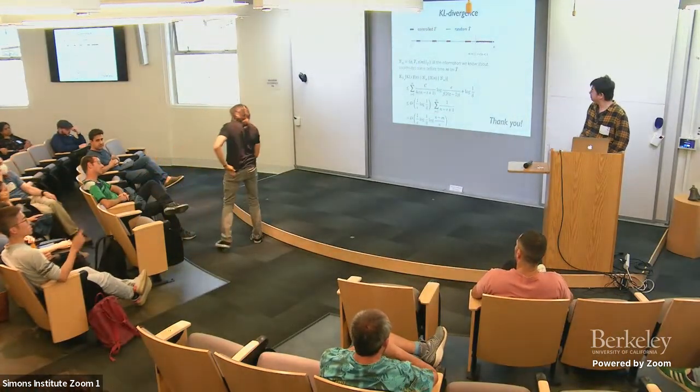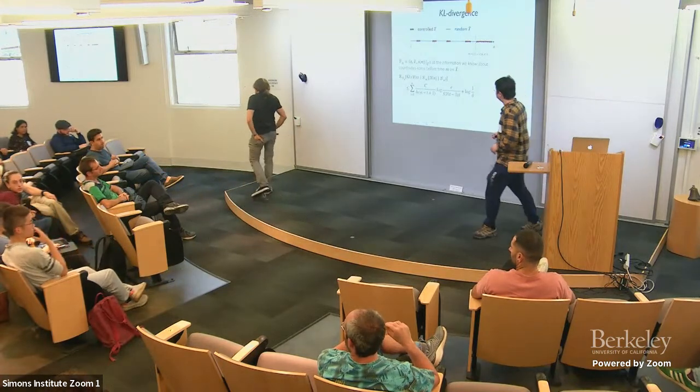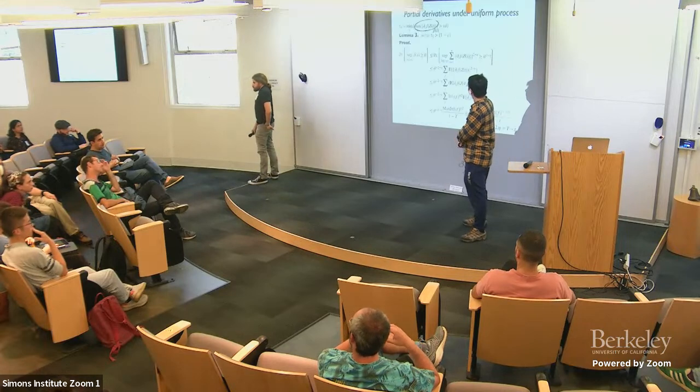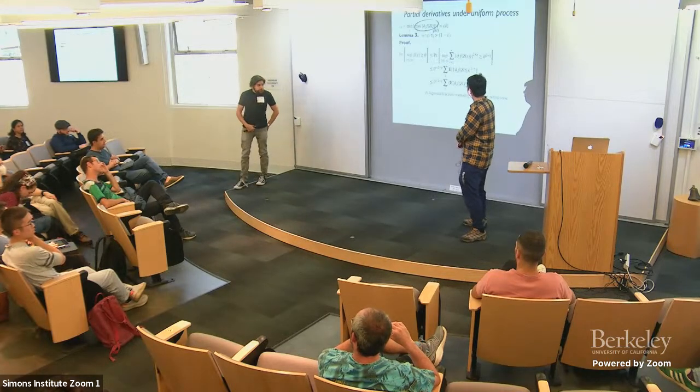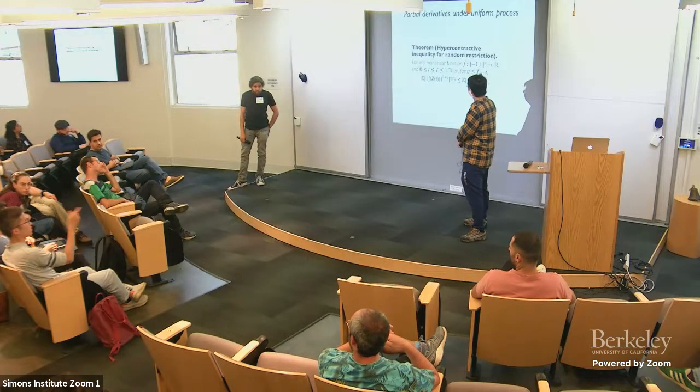Any questions for Pei? About the hyperfunction. Do you always apply it for probability equal to 1, like the last thing?